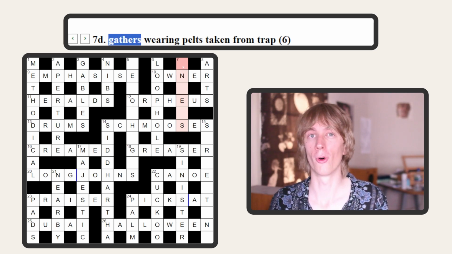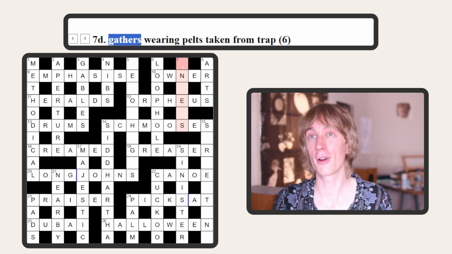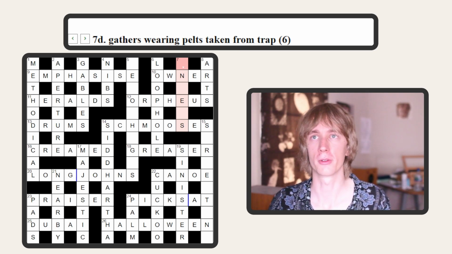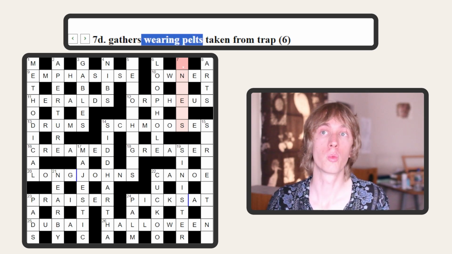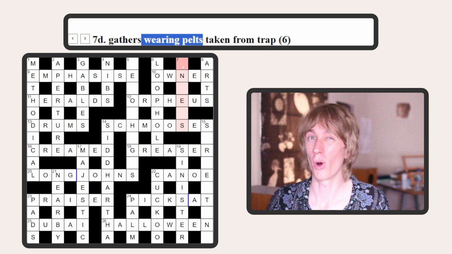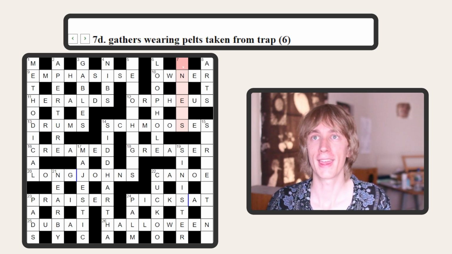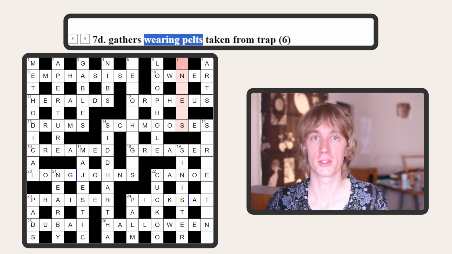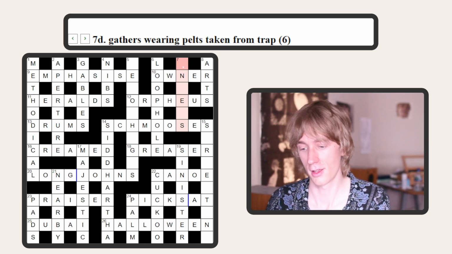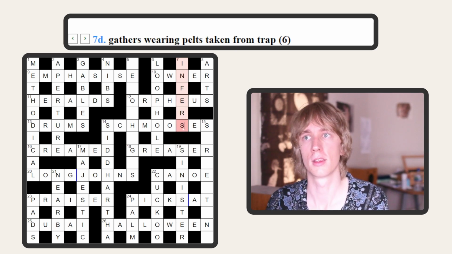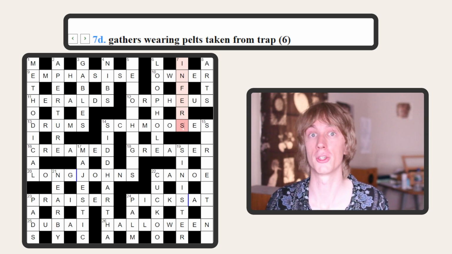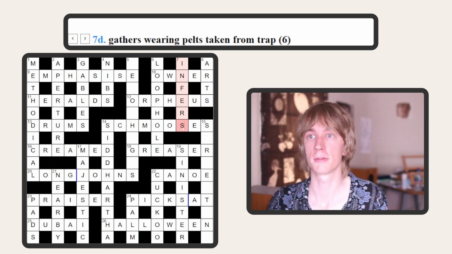So we're looking for a word for gathers that sounds like wearing pelts. Well, if you wear something, you're in it, and pelts could be furs. So in furs sounds like infers, and if you infer something, you gather it, you come to understand it.